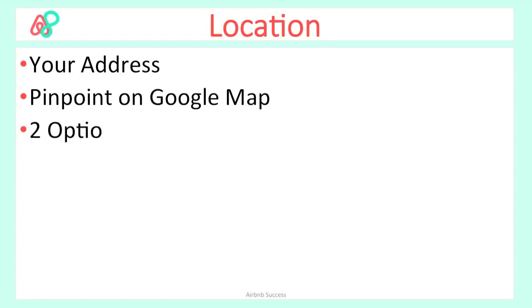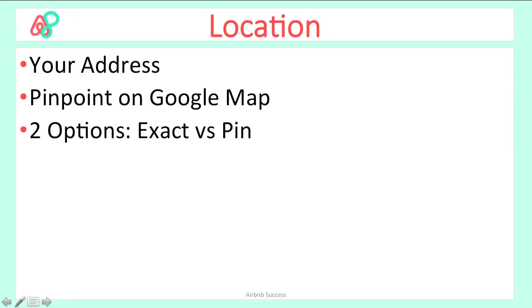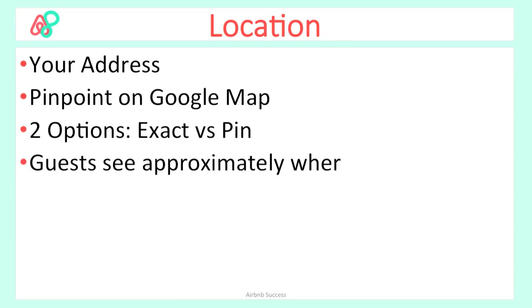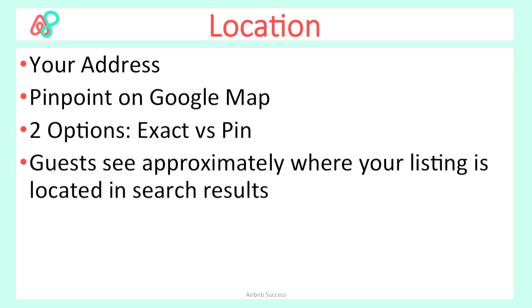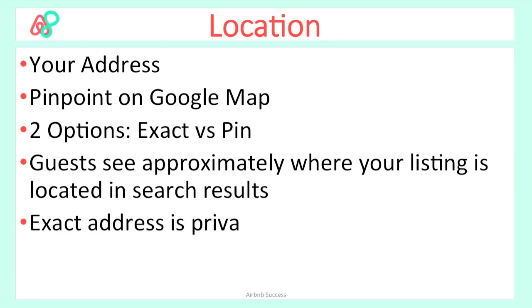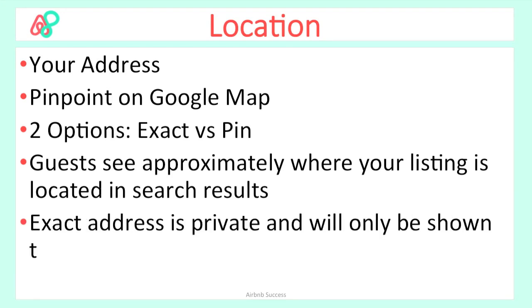So Airbnb gives you two options, either the exact address or just a pin, and then they will reflect it in the whole area. The guests will see roughly where your listing is located in the search results, but they won't be able to see the exact address until they book your place.